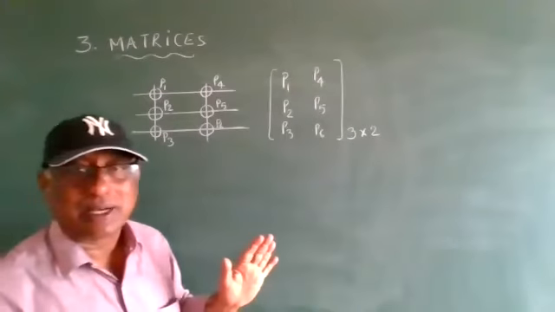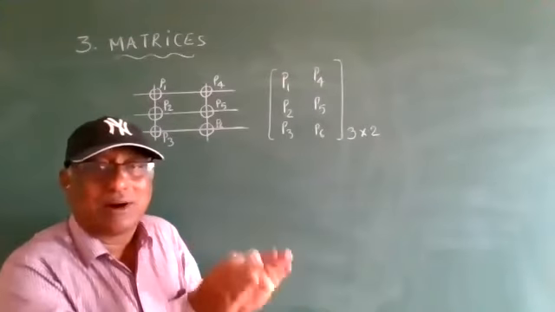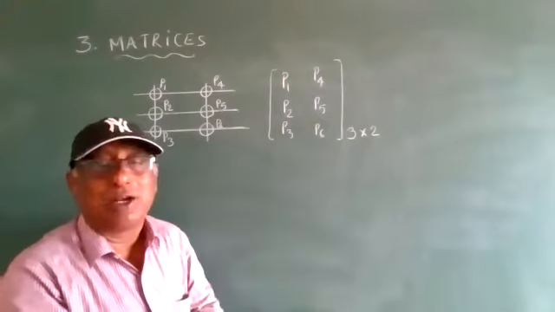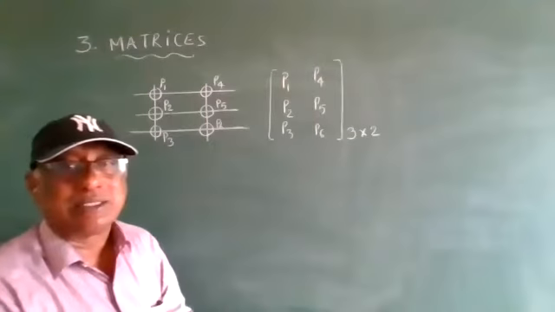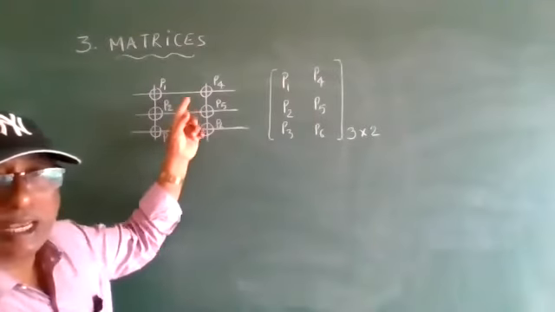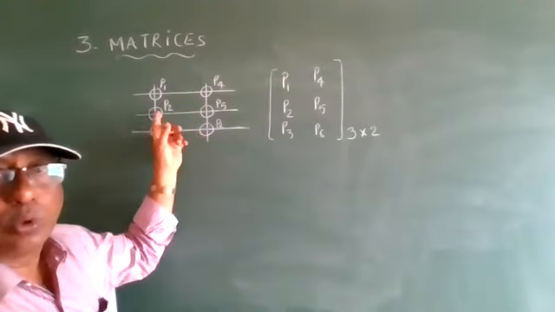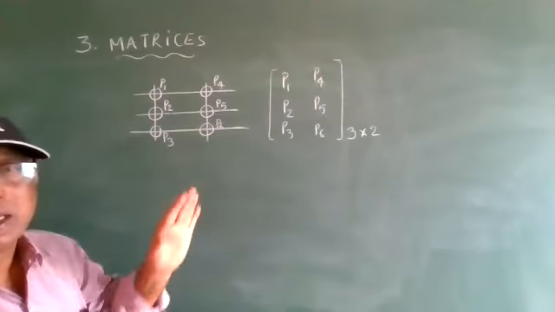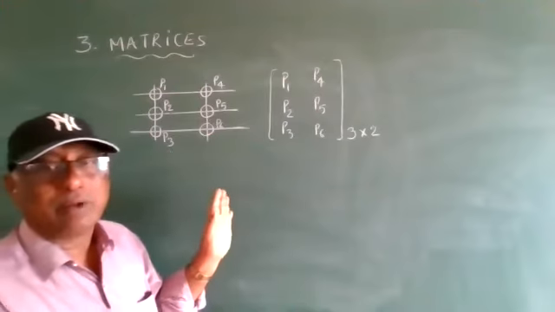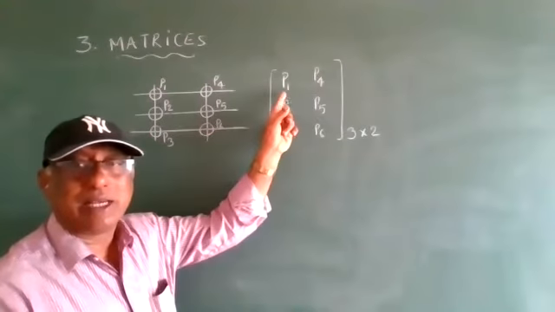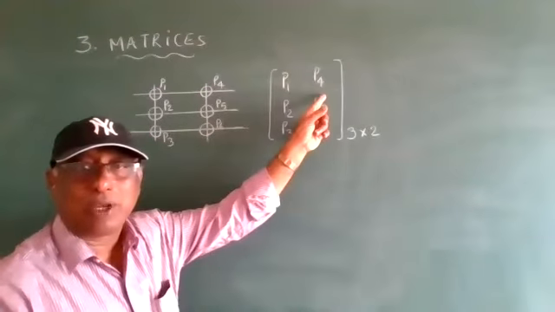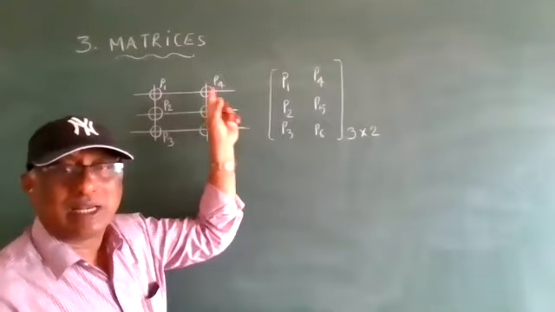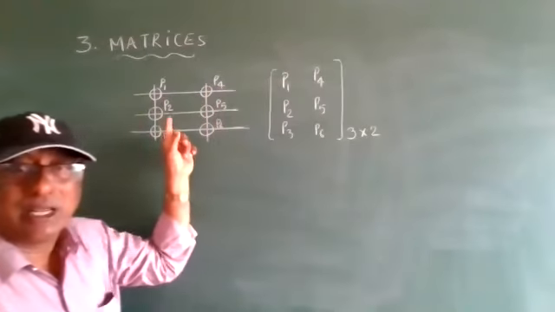So now the point is understood. So the straight line concept is converted into the matrices concept. 3 horizontal lines and 2 vertical lines are intersecting points. We are going to rub the lines. Then it will form P1, P4 as the first line's points of intersection.